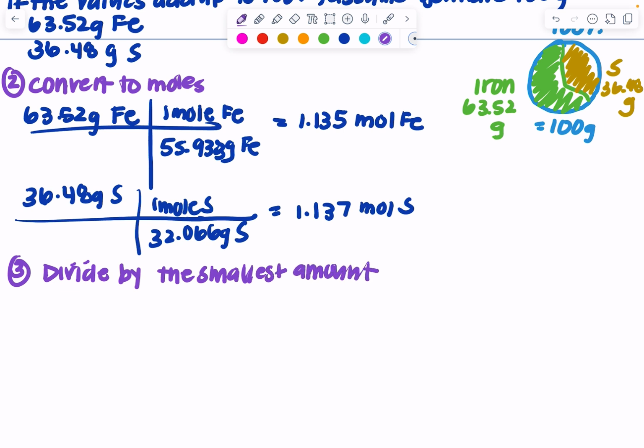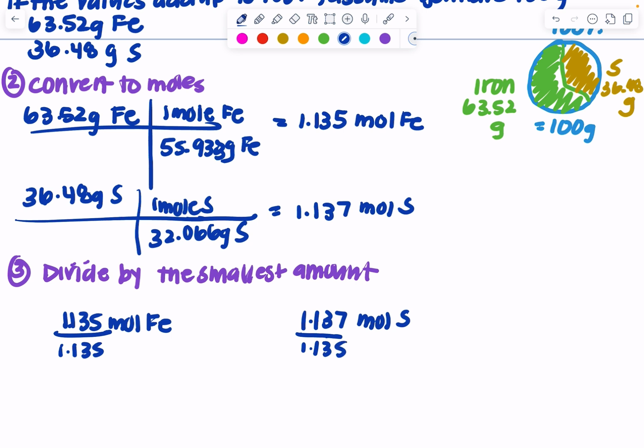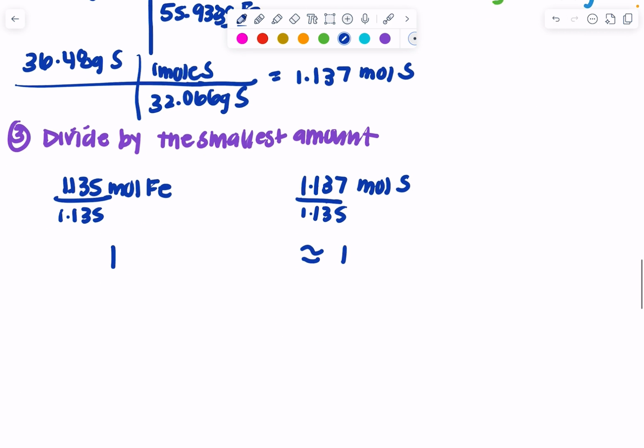We have 1.135 moles of Fe, 1.137 moles of S, divided by 1.135, 1.135. This is so close. Literally, this is 1. This is so close to 1. So our empirical formula is FeS. Both of them are 1.